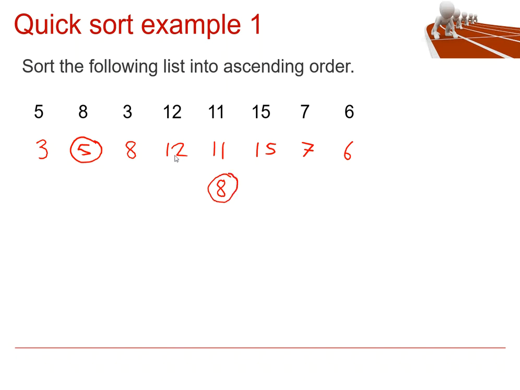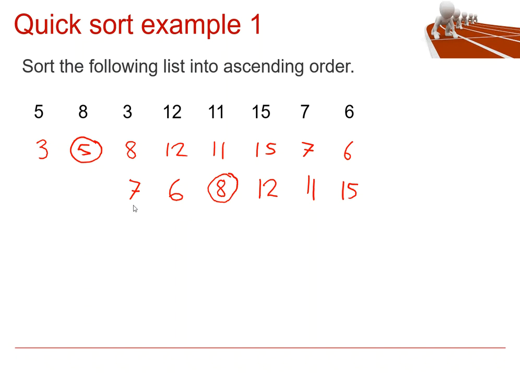And then 12, obviously that is larger than 8, so that will go there. 11 is also larger than 8, that goes there, as is 15. 7 is smaller, so that can go there, and 6 is also smaller, so that goes there. Again, maintaining that order.